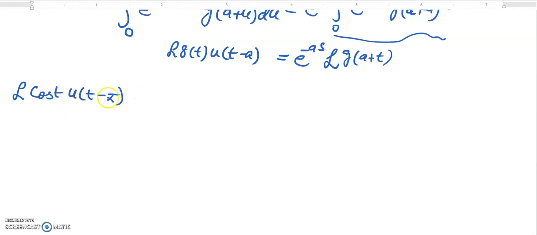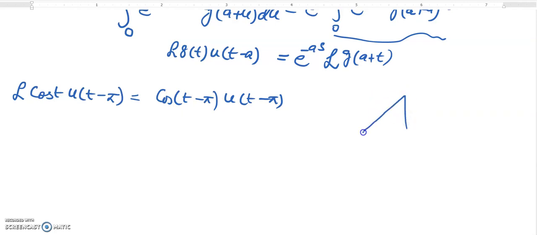In the original approach, we have to convert this cosine of t into cosine of t minus pi, and then u of t minus pi. But in this case, it has to be equivalent to this cosine of t, so I have to do some manipulations.